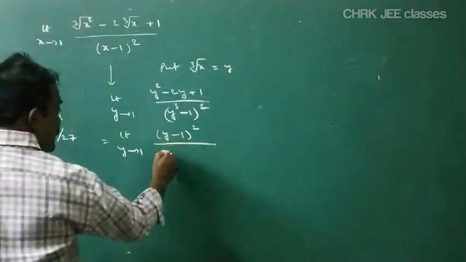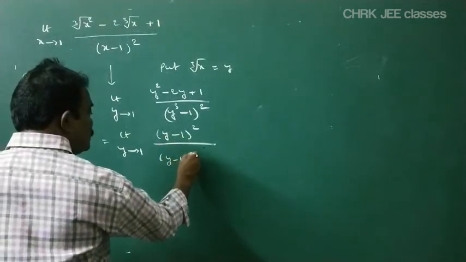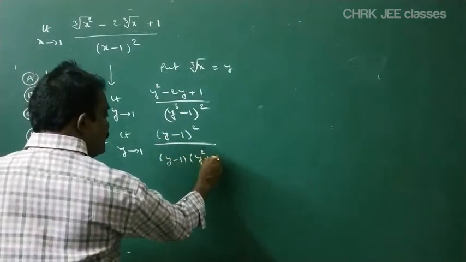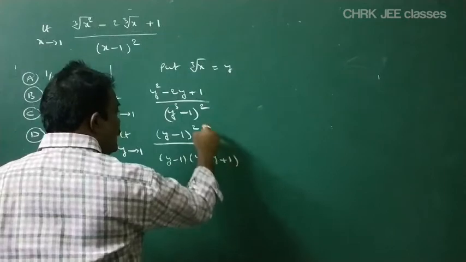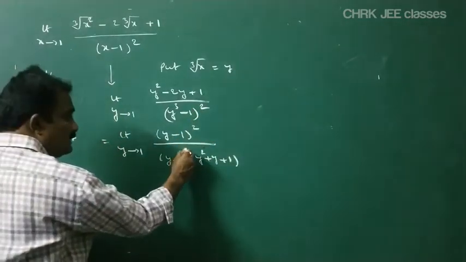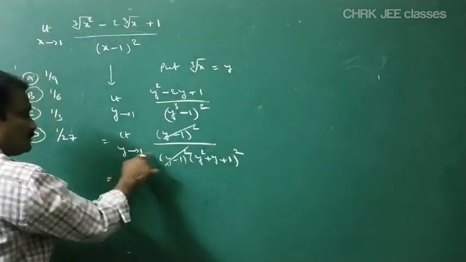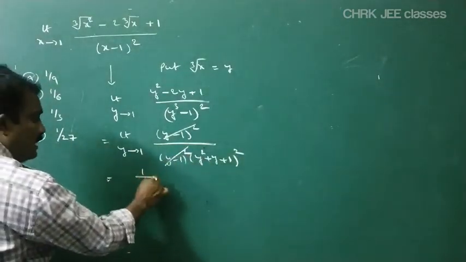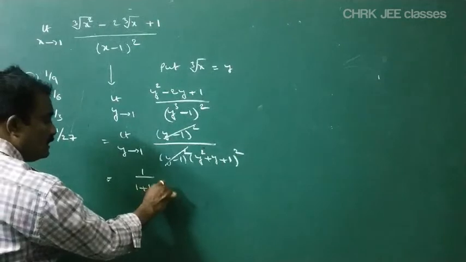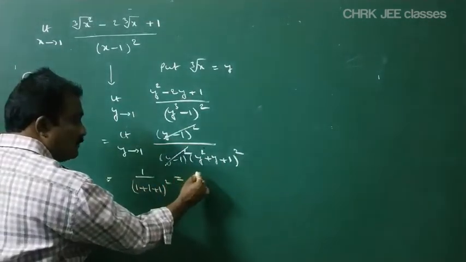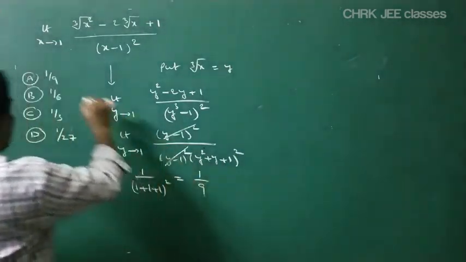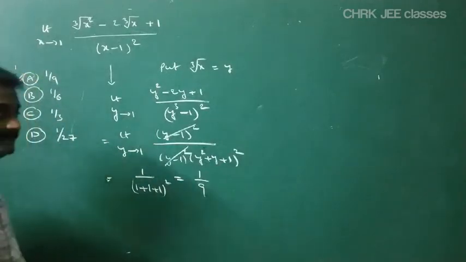That's why it becomes y minus 1 into y square plus y plus 1. Here whole square is there, na? That's why we have to write square here. These two are cancelled. By substituting 1 here, 1 by 1 plus 1 plus 1 whole square. This is 1 by 9. That's why option A is right.